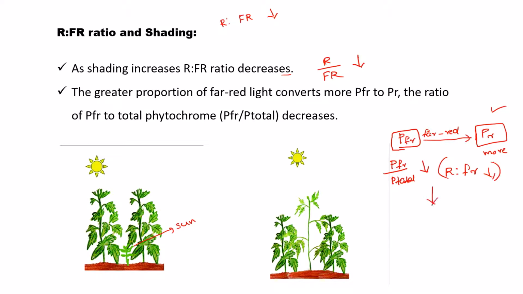This sun plant will extend the stem. So stem extension will increase. Here you can see the long stem. So it will increase stem length and reduce leaf area.